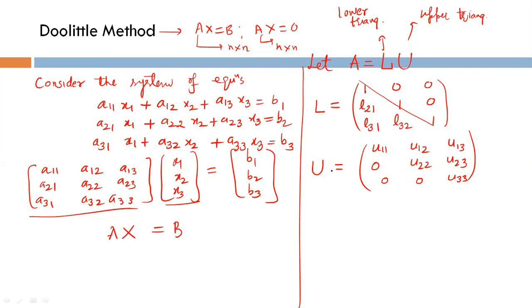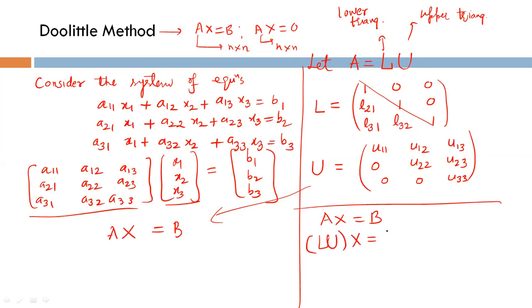Now we are interested in the solution of AX equal to B. If we put A equal to LU, that will be LUX equal to B. And we know that matrix multiplication holds associativity. It means L into UX equal to B. If we suppose UX equal to Y, then LY equal to B. So we have two systems of linear equations here.